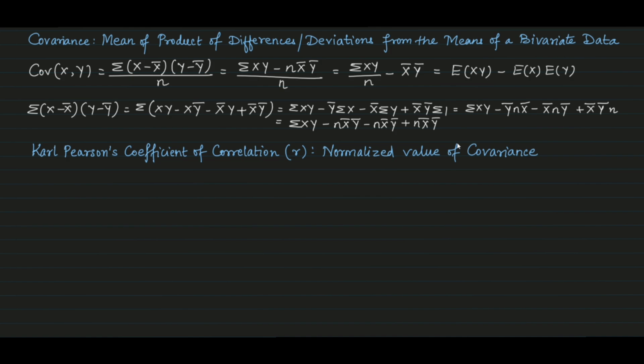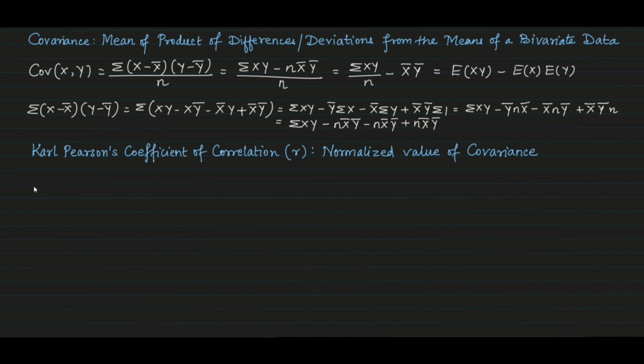Why do I need to do that? Covariance can say only whether the two variables of the bivariate data are positively correlated or negatively correlated. To measure the strength of correlation, we simply divide the covariance by the standard deviations to get the value between -1 and 1, and then we do the further analysis.